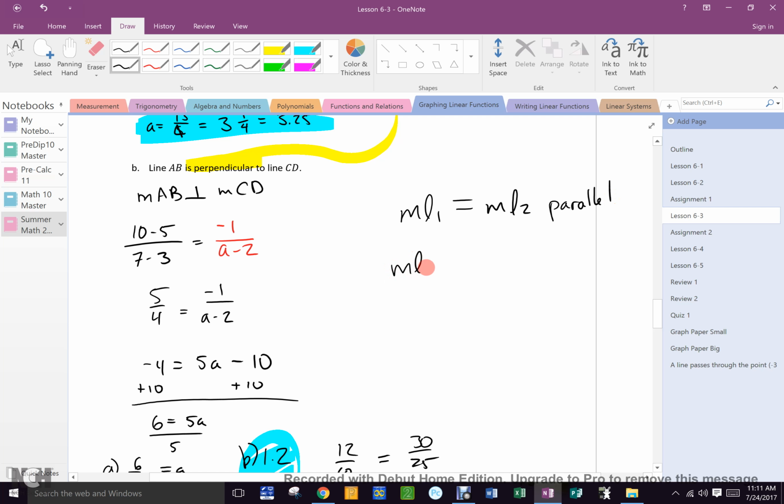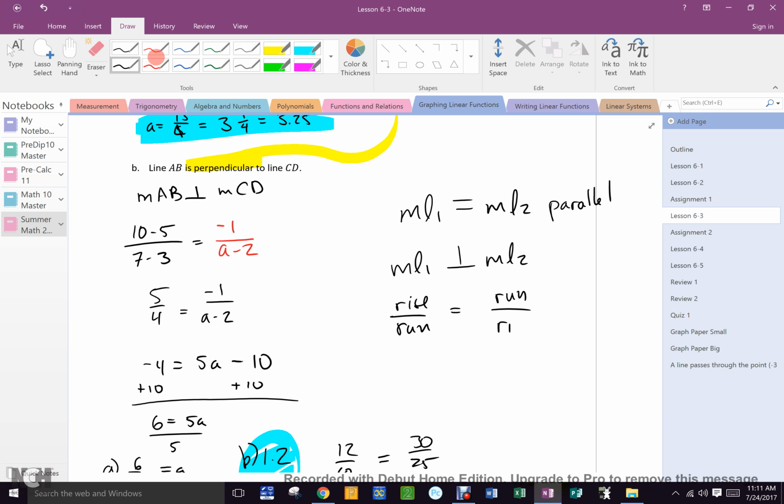If the M of line 1 is perpendicular to the M of line 2, that means that rise over run of the first one would have to be the run over the rise with a negative for the second one. Here's what else it could mean.